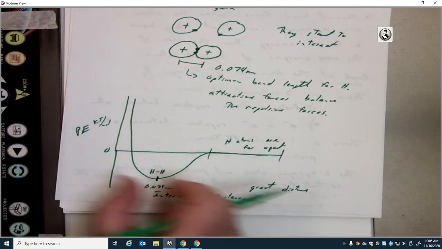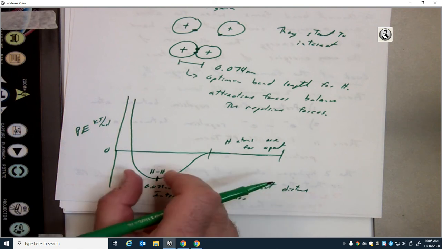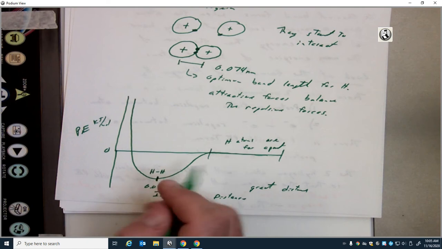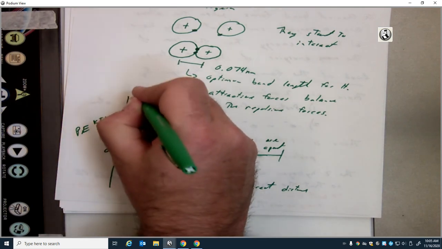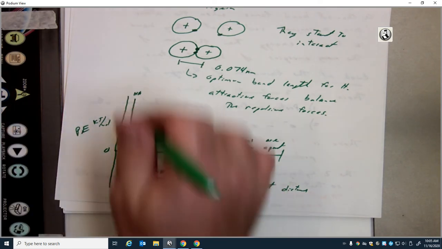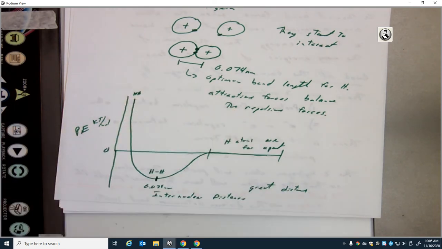Now, what happens to potential energy if we push these two closer together? Well, if we get them closer together, the repulsive forces are increasing, so my potential energy is going to skyrocket. So this optimum bond length is where my potential energy is the lowest.